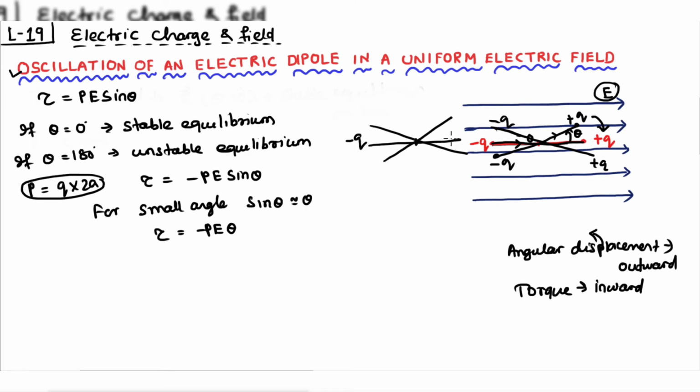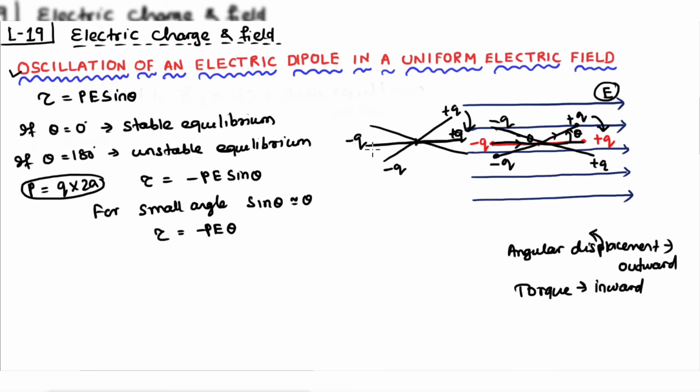This is minus q, this is plus q. So this is the equilibrium position of the dipole. But if I rotate it in the anticlockwise direction, then the torque will take it back in the clockwise direction, and once it reaches its stable equilibrium position, it does not come to rest because it has some inertia.